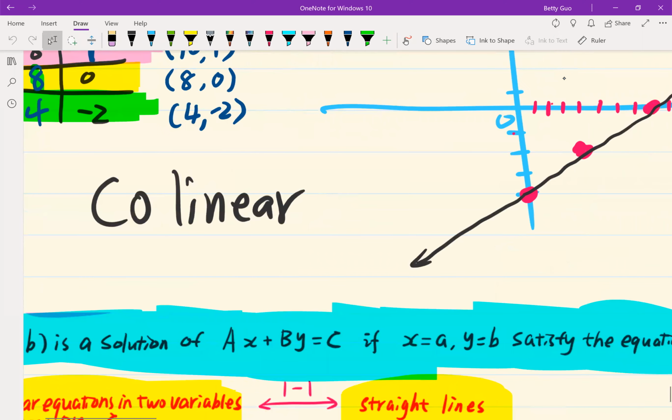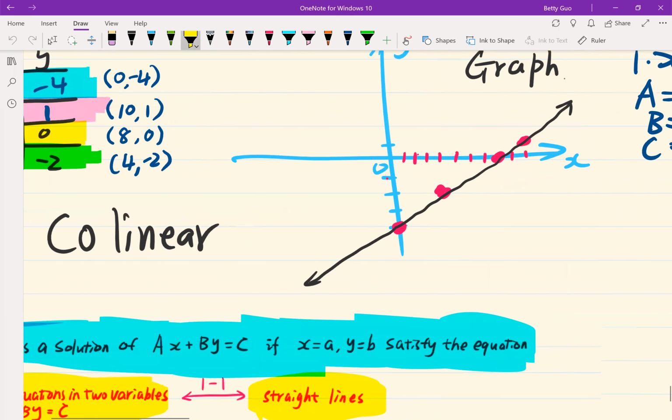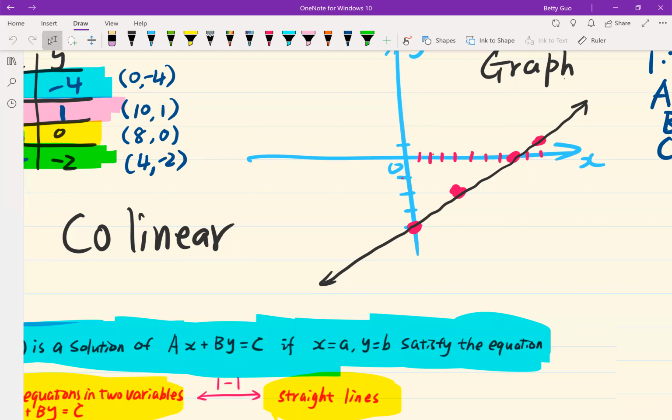Okay, so in the graph you are looking at right now, there are 2 points kind of special. This one and this one. This one is (0, -4). This black point is (8, 0).